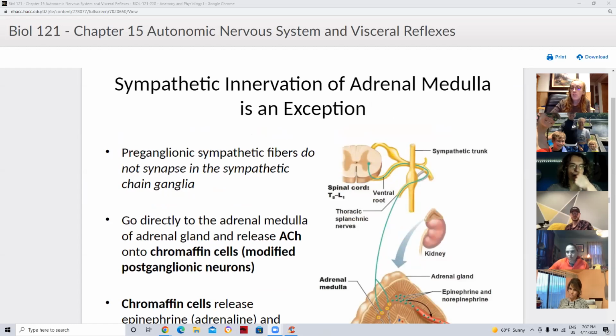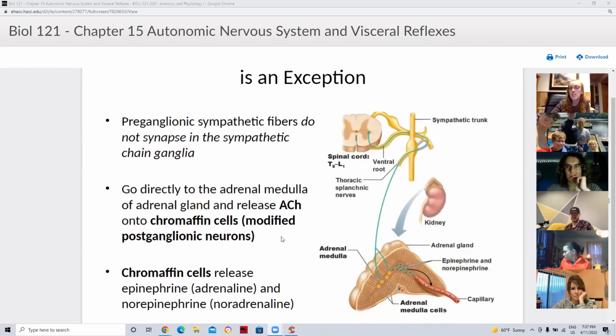Sympathetic innervation of the adrenal medulla is an exception, because the preganglionic fibers going out to the adrenal medulla are not going to synapse in the sympathetic chain ganglion. They're going to go directly to the adrenal medulla and release acetylcholine on the chromaffin cells.